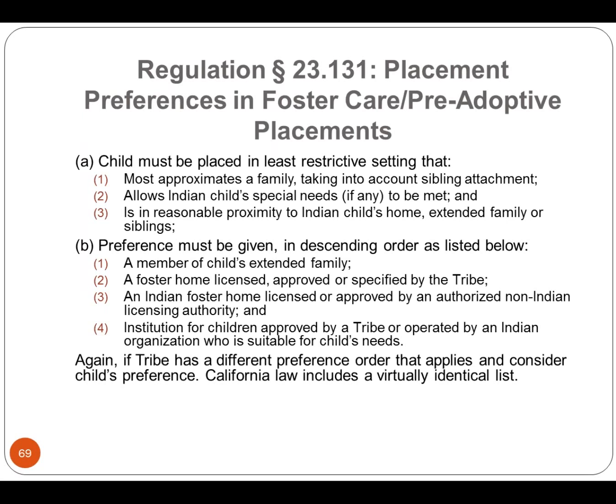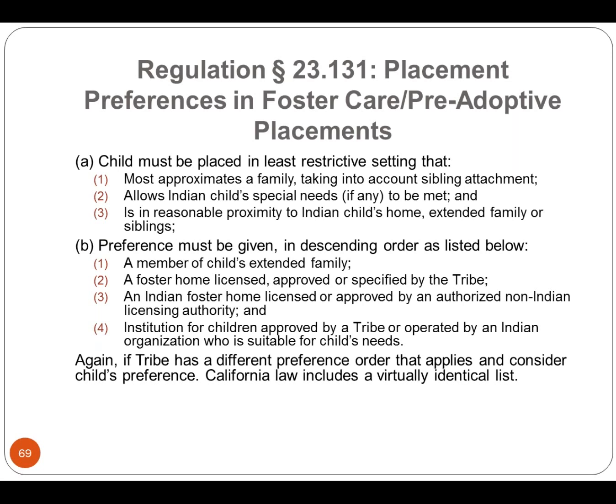Now, Regulation 23.131 talks about the placement preferences for foster care and pre-adoptive placements. And it notes that children must be placed in the least restrictive setting that most approximates a family, taking into account sibling attachment, allowing the Indian child's special needs, if any, to be met, and is in reasonable proximity to the Indian child's home, extended family, or siblings.